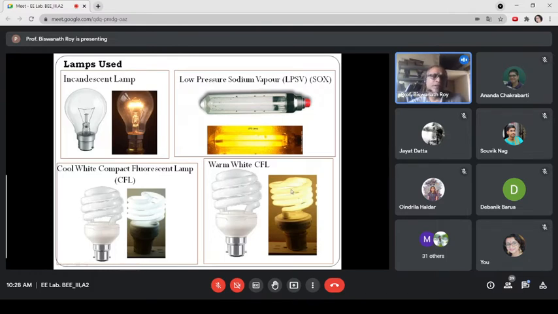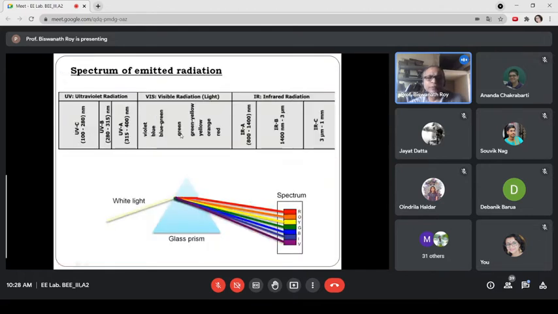This process is called photoluminescence. Conversion of UV to visible is also luminescence, because energy is converted from one form to another. What is the input energy here? The optical radiation, the photon. That's why it is named photoluminescence.